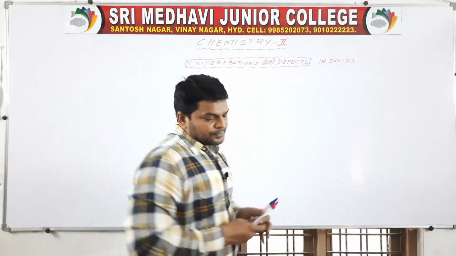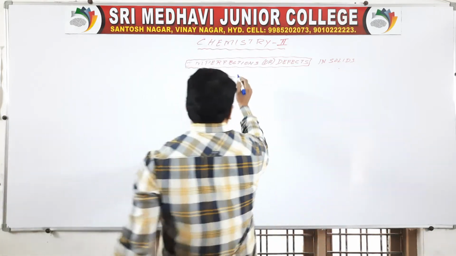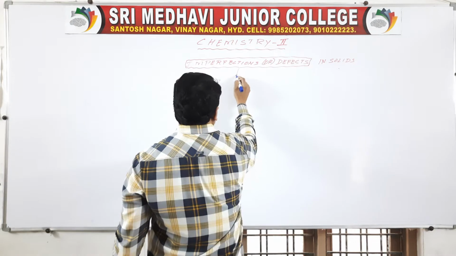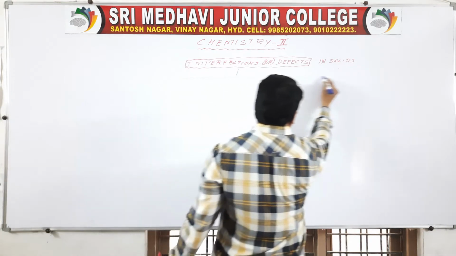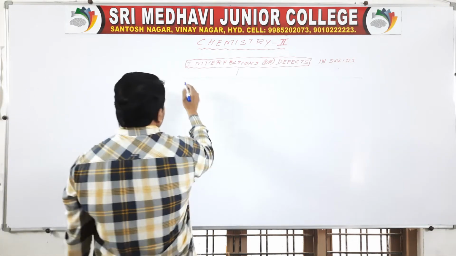So these are of two types. How many types of imperfections do we have? Two types.